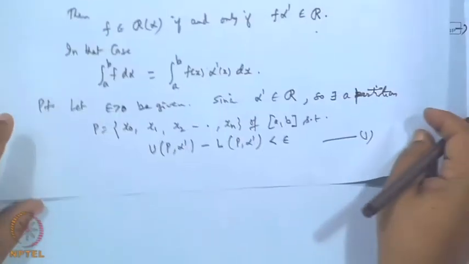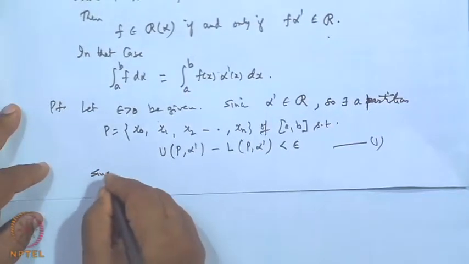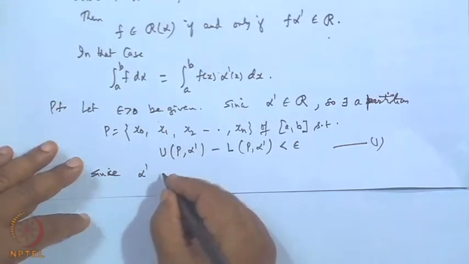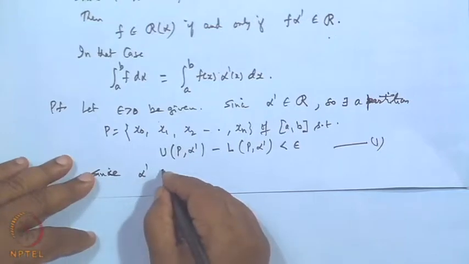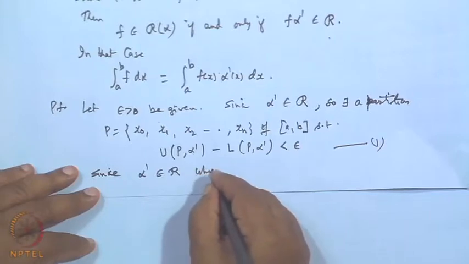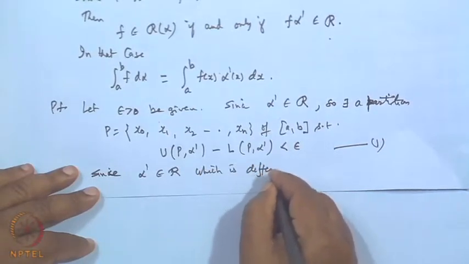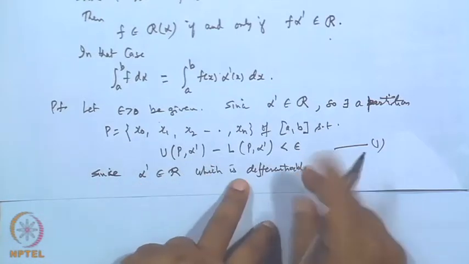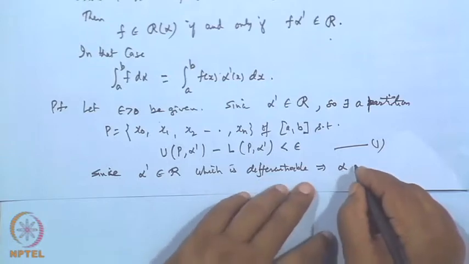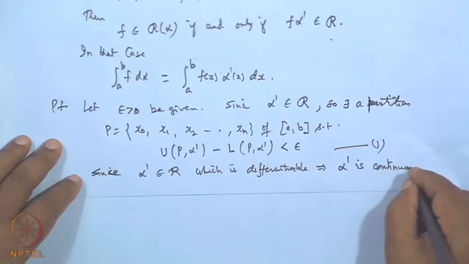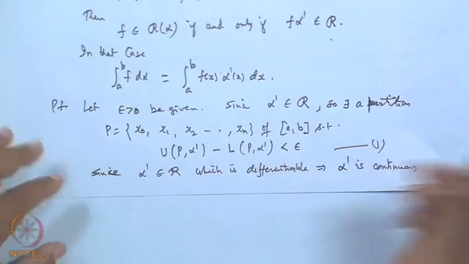Now, since alpha dash belongs to R, alpha is a differentiable function. If a function is differentiable, it has to be continuous.